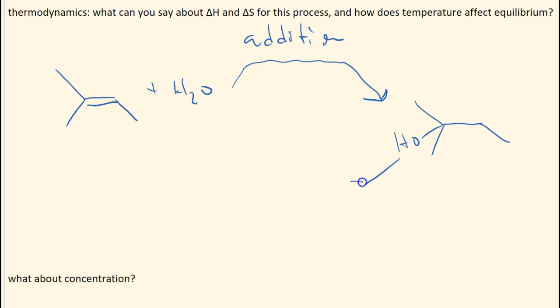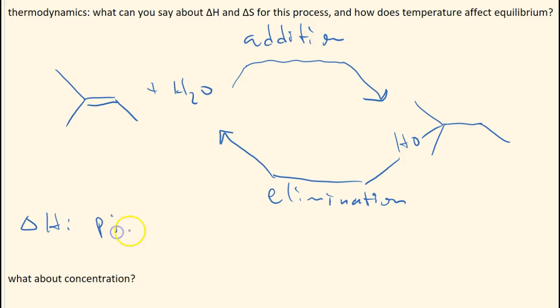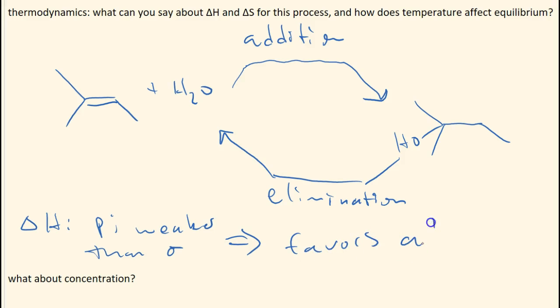And the reverse, of course, is the elimination. So as far as delta H is concerned, the pi bond is weaker than sigma, which makes the addition product more stable. So delta H favors addition.